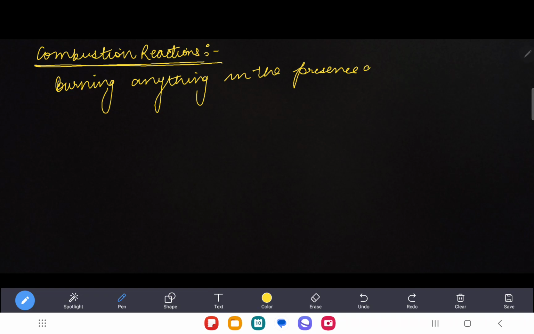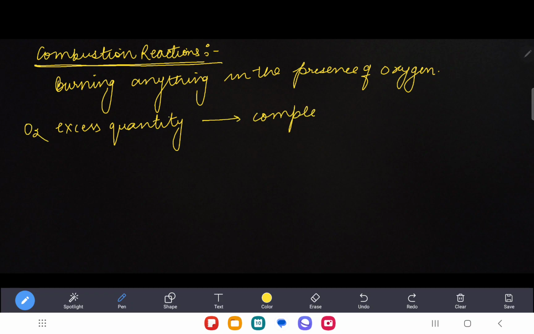Combustion means burning anything in the presence of oxygen. Yes or no? So when the amount of oxygen is in excess quantity, then you call it a complete combustion.